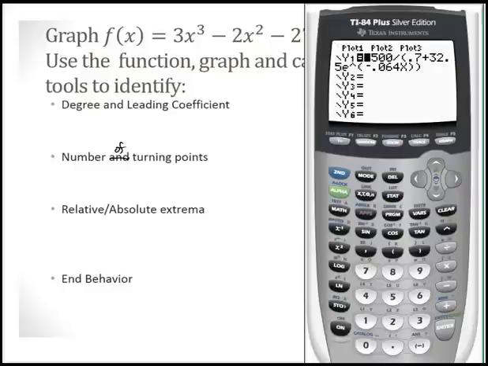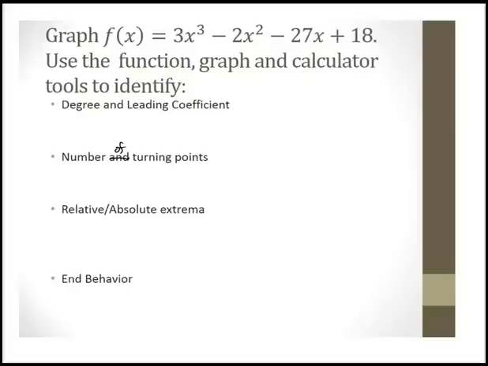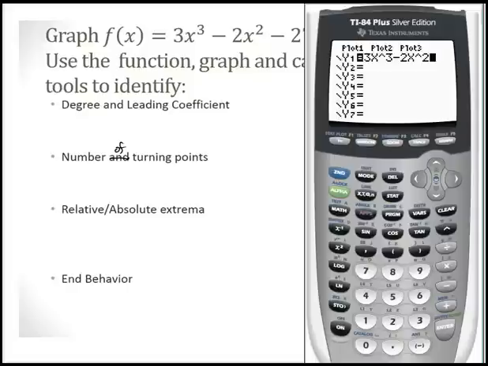The function is 3x cubed minus 2x squared minus 27x plus 18. Let me check my window.